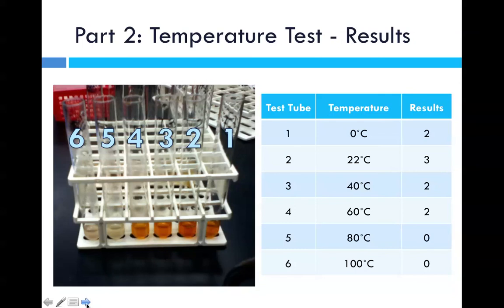So here are our results for the temperature test, based on my clearly defined test tube labels, going backwards apparently. Test tubes 1, 2, 3, and 4 had the darkest coloration, but as you can clearly see, 2 had the most defined brownish pigment compared to all the rest.